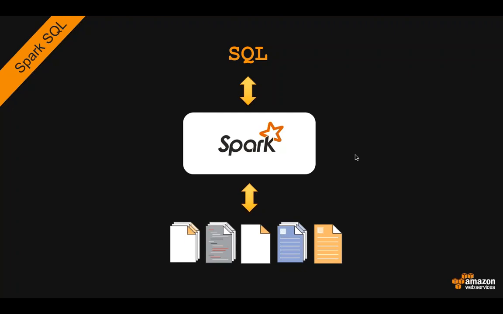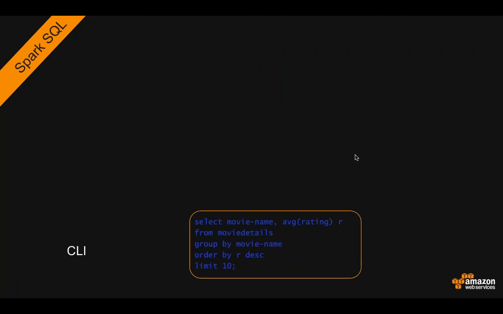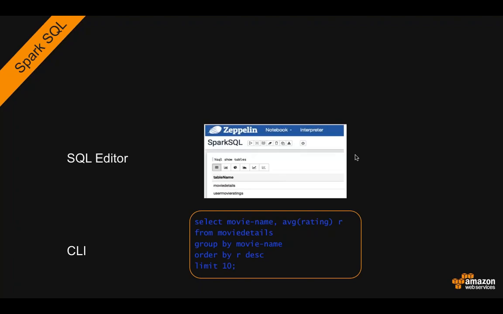So Spark SQL is a fantastic way to get into Spark without having to learn a new language. The way that you can use SQL with Spark is through the command line interface, so you can just log in via the command line and write your raw SQL against the data, and that works very well. Or you can take a slightly higher level view and use a SQL editor.